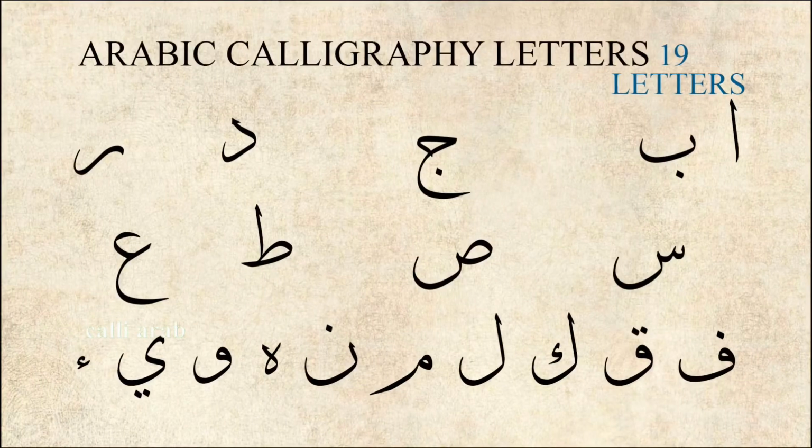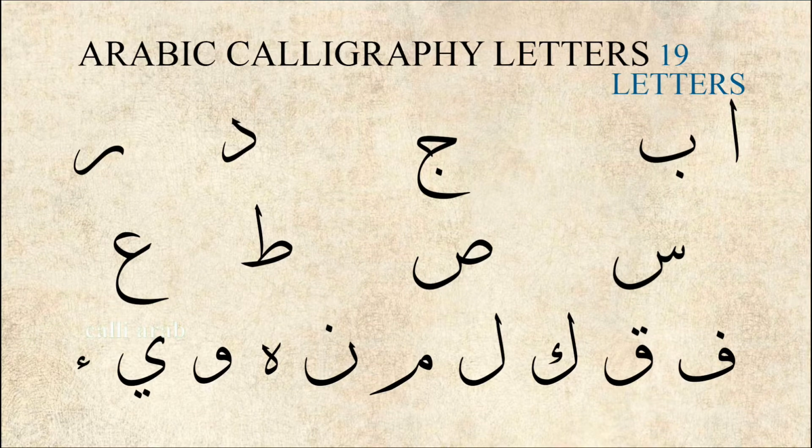So we have to skip these identical letters and consider the unique letters to learn and master Arabic calligraphy. So there are 19 letters, or we can consider 18 letters in Arabic calligraphy, not including Hamza.